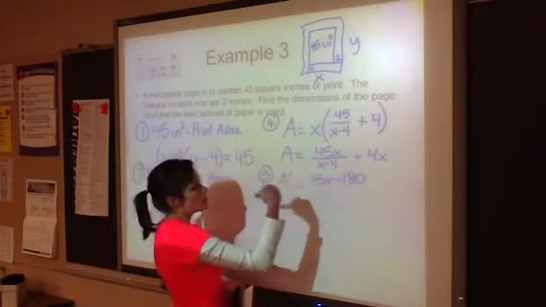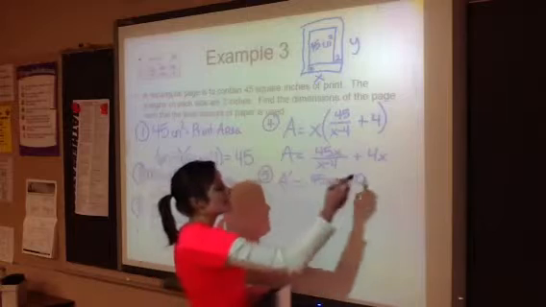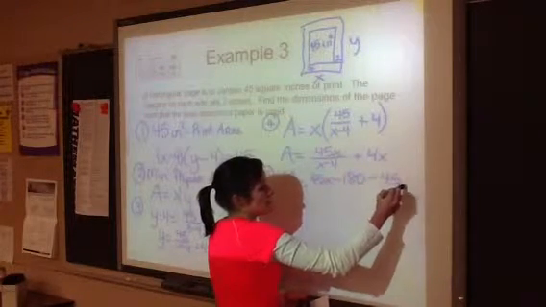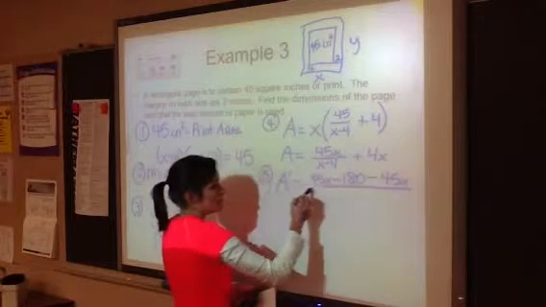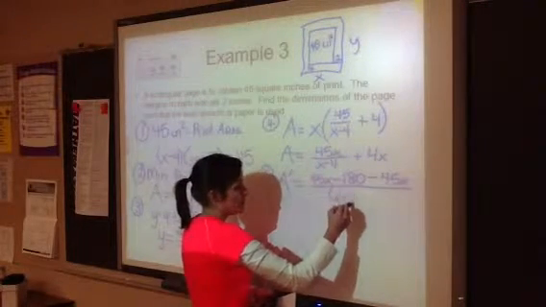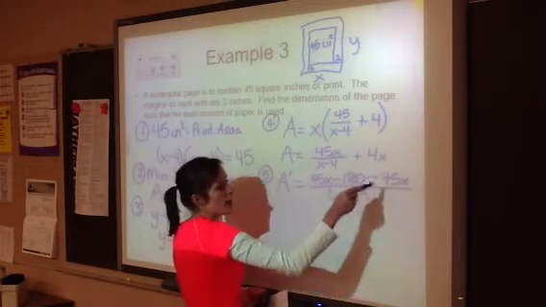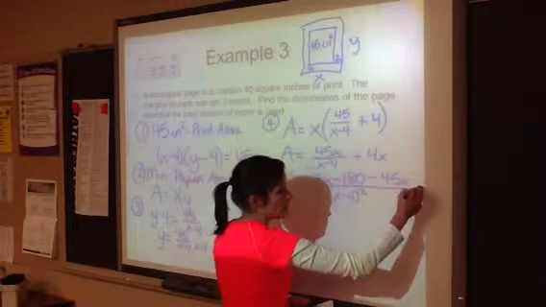So low times the derivative of the high minus the high times the derivative of the low, which the derivative of the low is just what? Over the bottom squared. Then we have the derivative of 4x, so we have plus 4 out here in La La Land.